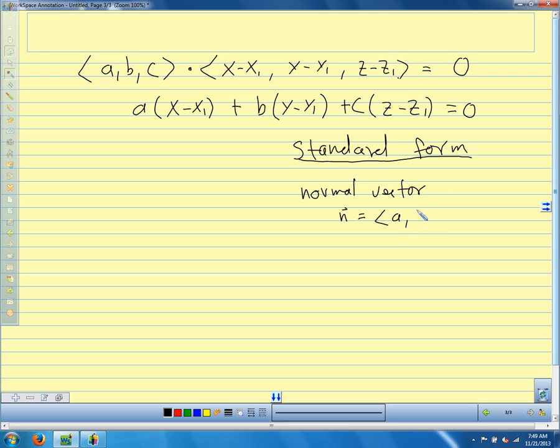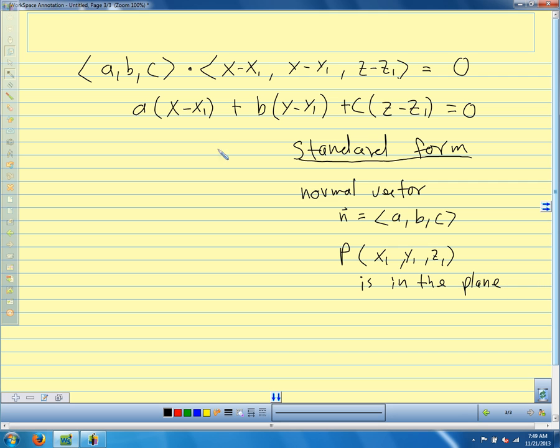Just to reiterate, a, b, c is our normal vector, and our point x1, y1, z1 is in the plane. So that's our standard form.